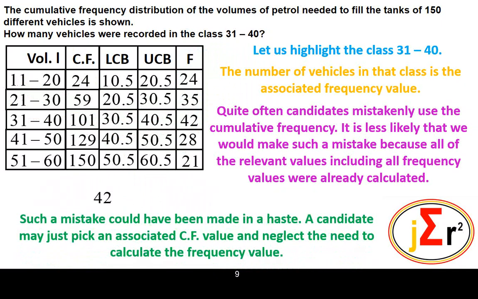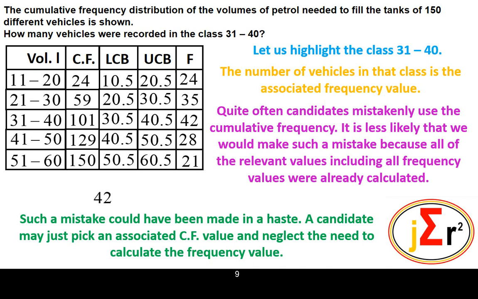Such a mistake could be made in haste. When students see the table with no frequency values, they will not even consider that the frequency values are not there. They just do it right away, very quickly, and hastily write down the incorrect value, which they would have taken from the cumulative frequency column.